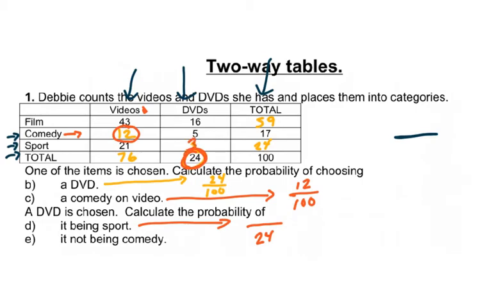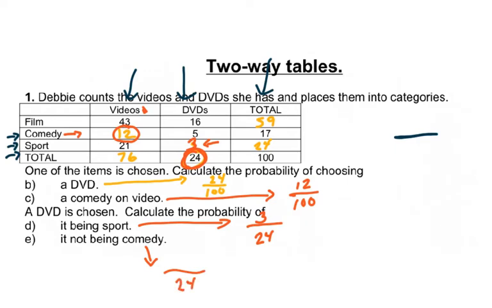Earlier, we figured out that 3 of those were sports. So we're only looking at the 24 that were on DVD, and out of those 24, 3 of them were sports. So 3 out of 24 would be your probability. Now, a DVD is chosen again, so there are 24 DVDs.